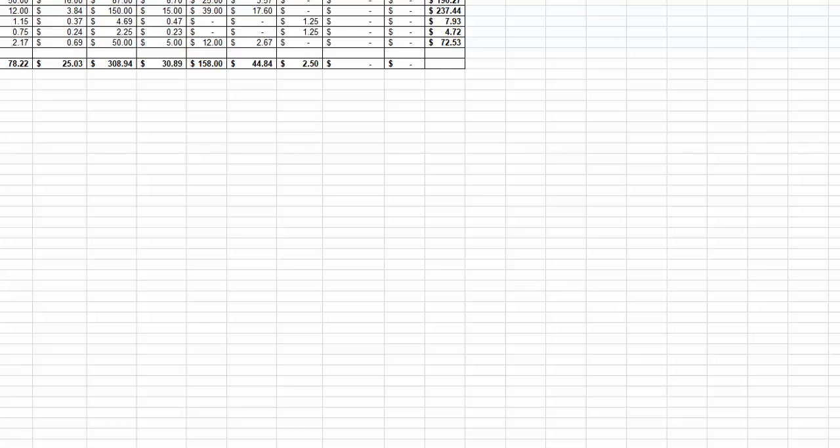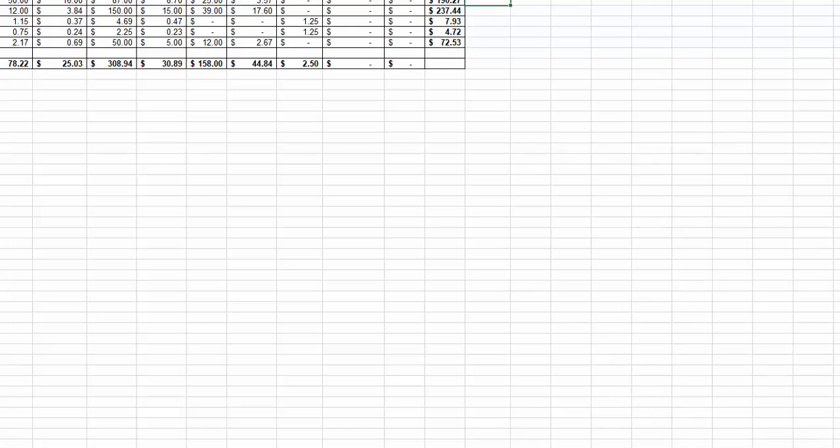Okay. So if I did that, 40 times, this is the extended amount. So this is a cost breakdown structure. These are the cost categories. And remember, this is the direct cost.